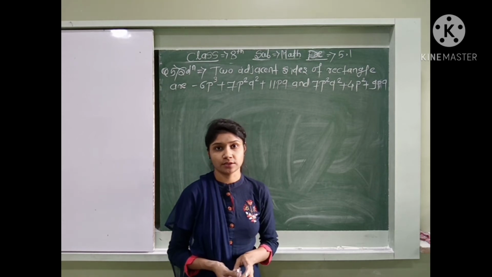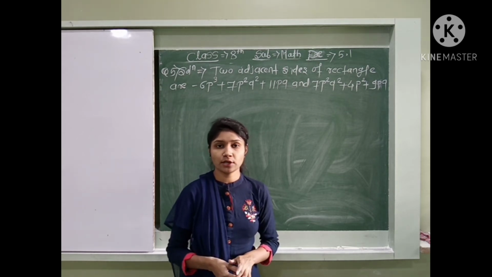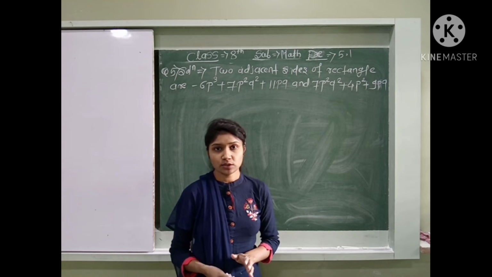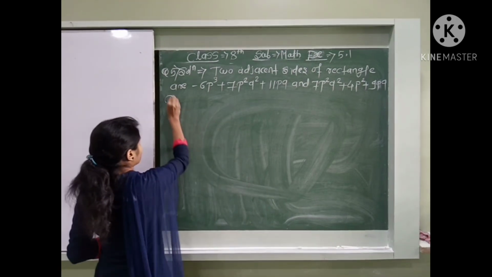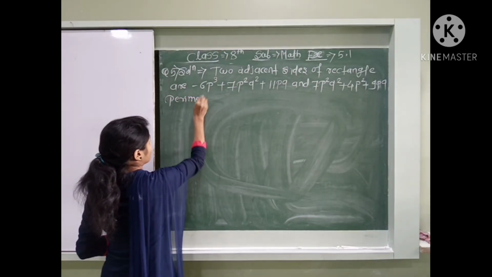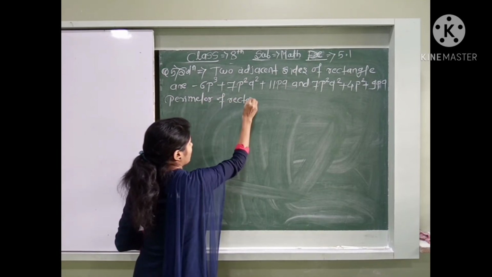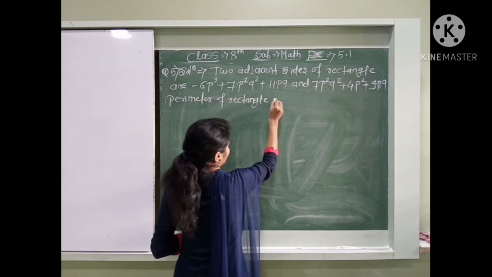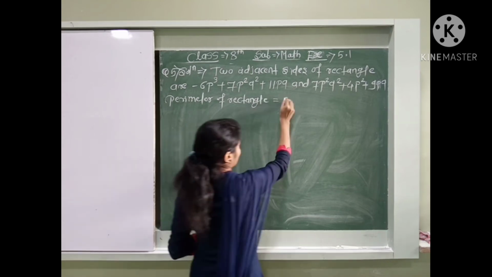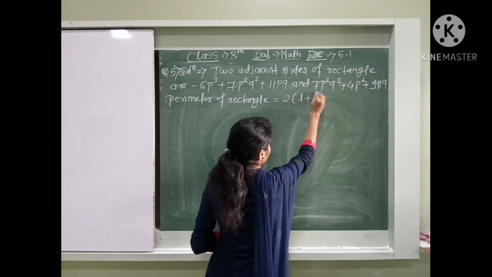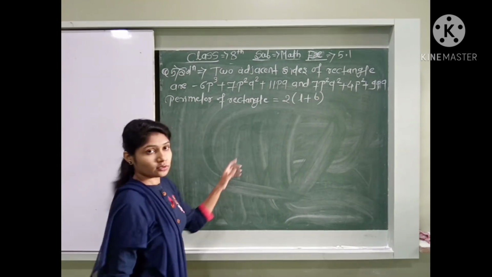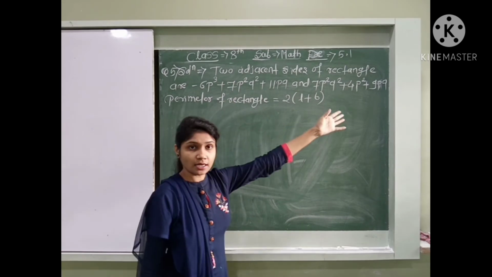Find its perimeter. You have to use the formula for the perimeter of a rectangle: 2 multiplied by length plus breadth. Everyone knows that formula. This is the length and this is the breadth.